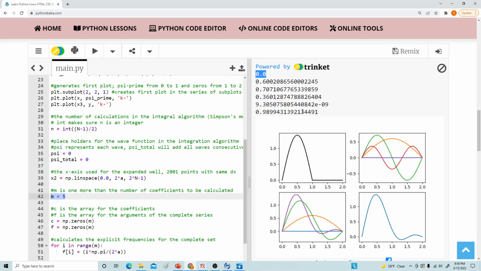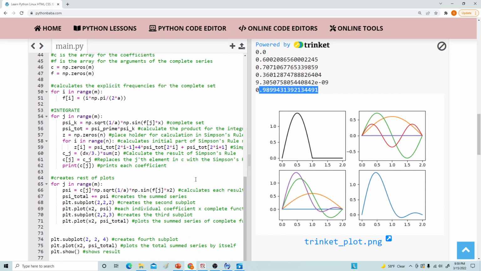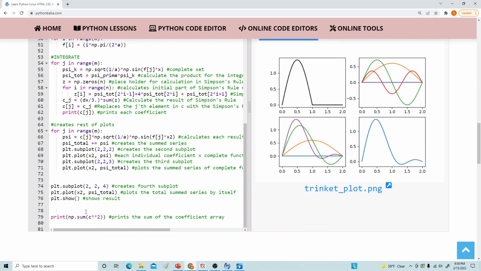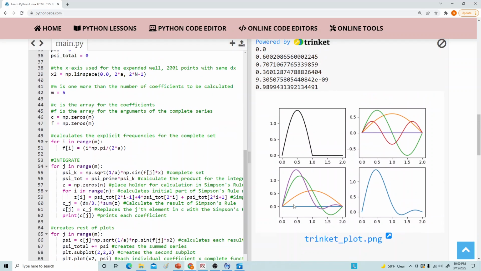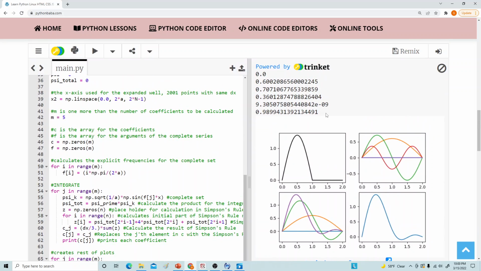And then the last line here is the summed square of the probabilities, or the sum square of the coefficients, which represents the total probability. That's what this line of code is doing, and you can see that we get 0.9899.